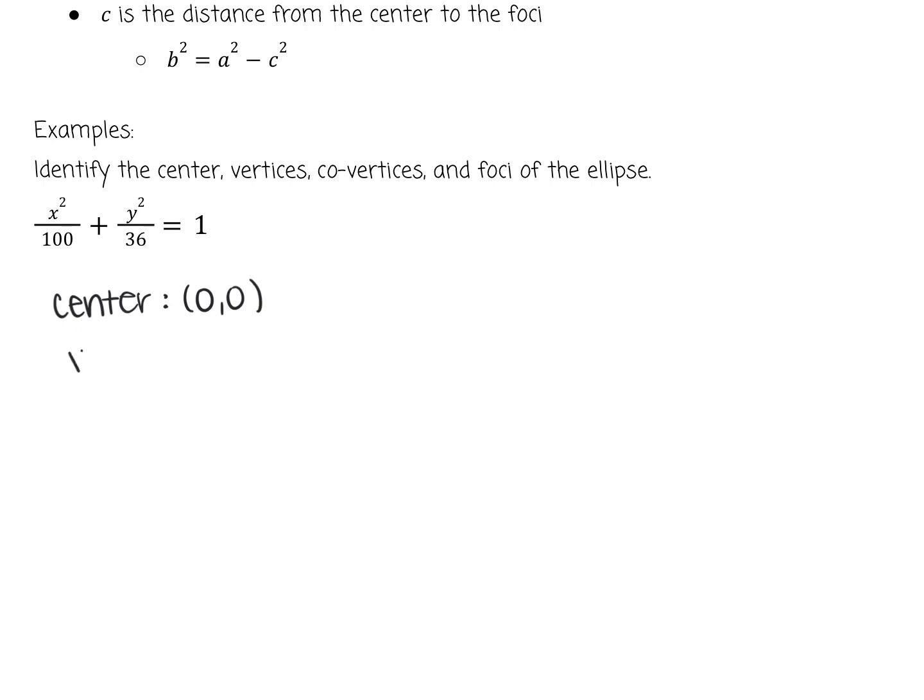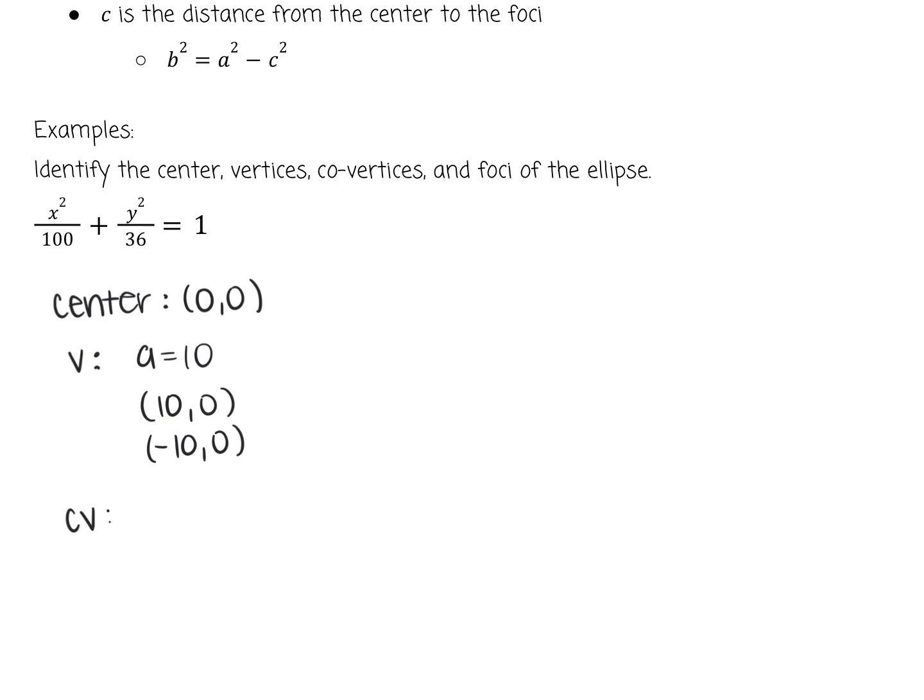For my vertices, whichever denominator is bigger is where a squared is. So in this case, a squared is 100, which means a is 10. And because it's with x, that tells me that my major axis is my x-axis, which means I add and subtract 10 from the x value of my center, which gives me (10, 0) and (negative 10, 0).